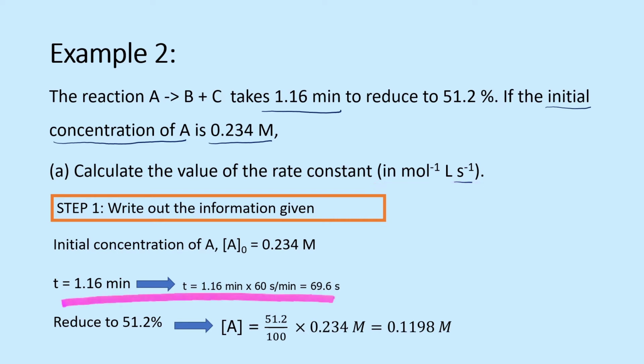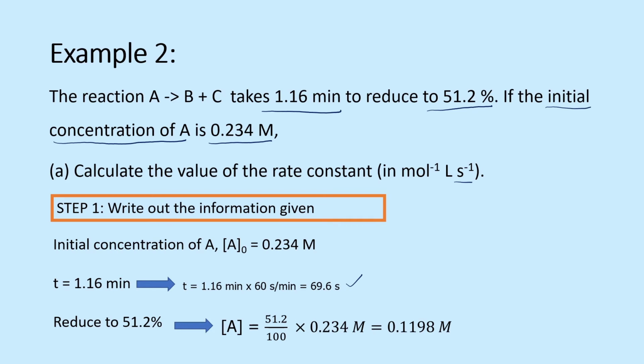Therefore, the time 1.16 minutes needs to be multiplied by 60 seconds per minute to convert the time to seconds, which is equal to 69.6 seconds. And we are also given that after 1.16 minutes, the reactant is reduced to 51.2%. So this 51.2% is the remaining percent of the reactant A in the reaction.